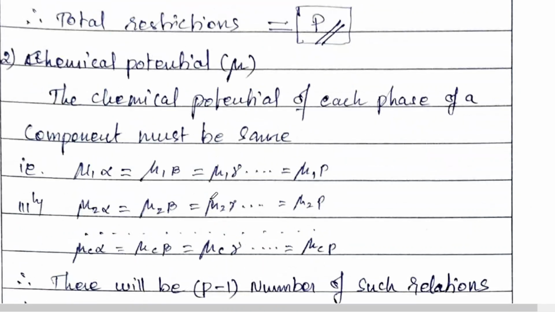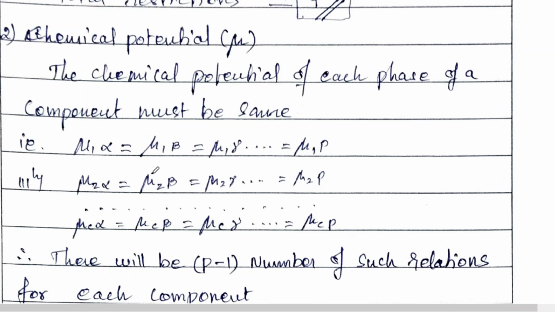For a component, the chemical potential of each phase: for example, the chemical potential of the first component in the alpha phase and that in the beta phase must be equal. That is what the chemical potential of a system says. Similarly, the first component in the gamma phase will also be equal.